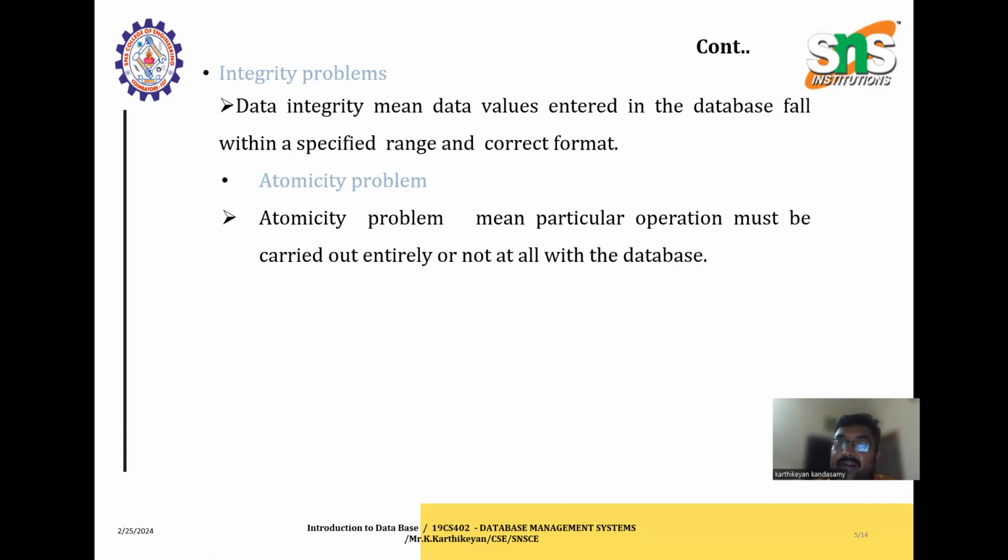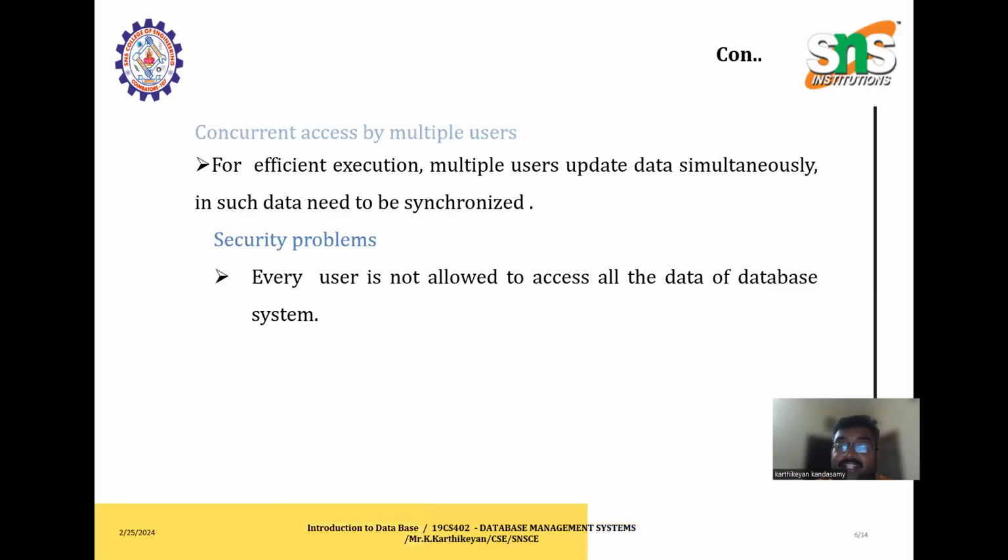Atomicity problem means a particular operation must be carried out entirely or not at all within the database. Concurrent access by multiple users: for efficient execution, when multiple users update data simultaneously, such data needs to be synchronized. The security problem: not every user is allowed to access all the data of the database system.